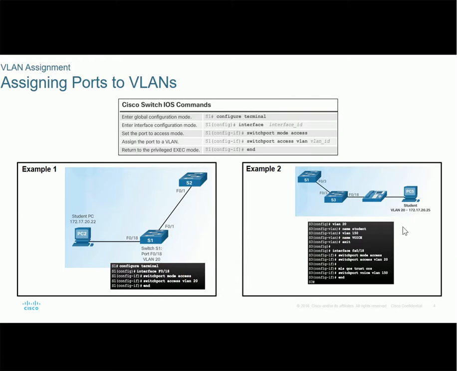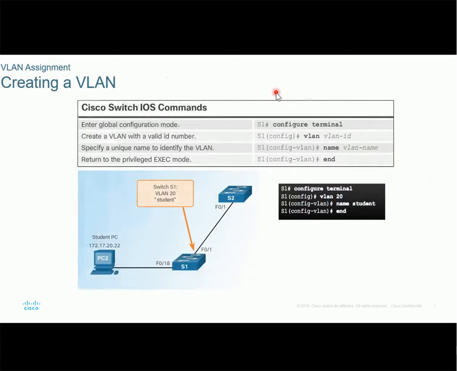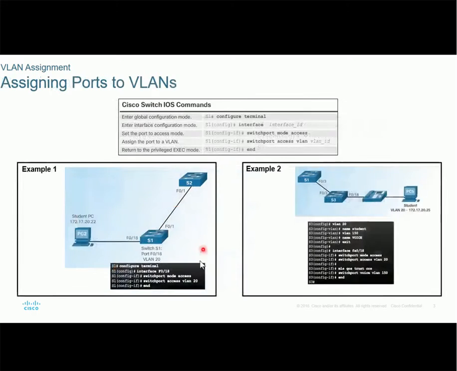So the switchport access VLAN command forces the creation of a VLAN, even if the VLAN does not already exist. Take note here that when we type VLAN 20, we create a VLAN and give it the name student. Now if we had not done this in the first place and we instead go ahead and type config terminal, interface range Fa0/18-20, we're specifying that ports 18 to 20 become switchport mode access, they become access ports.